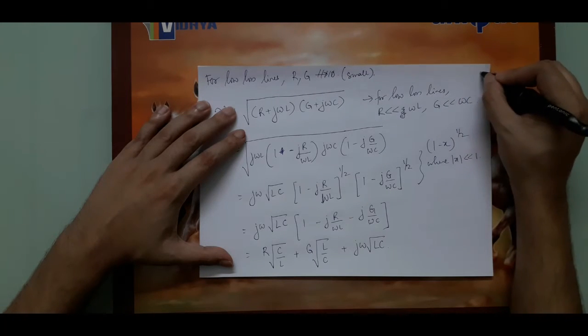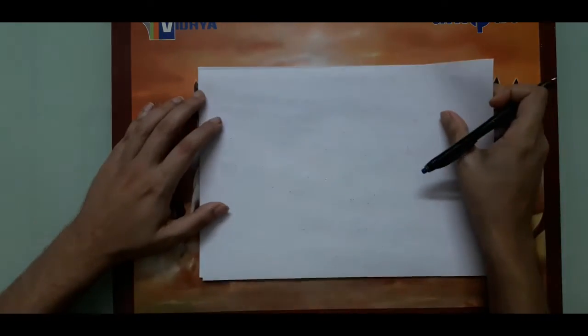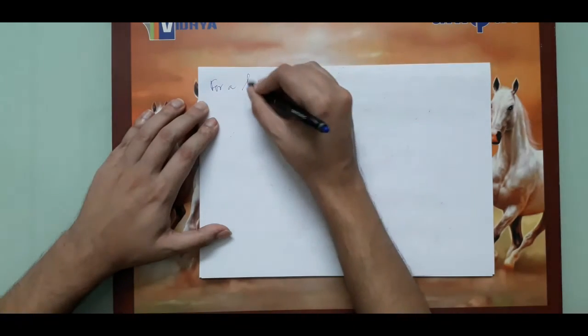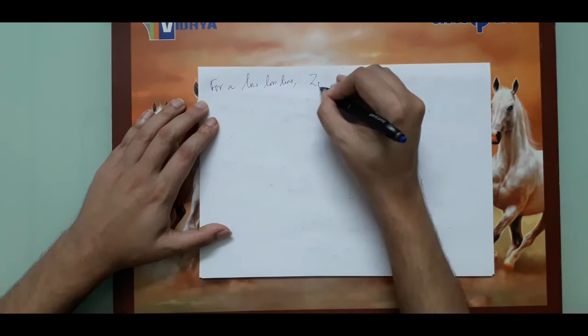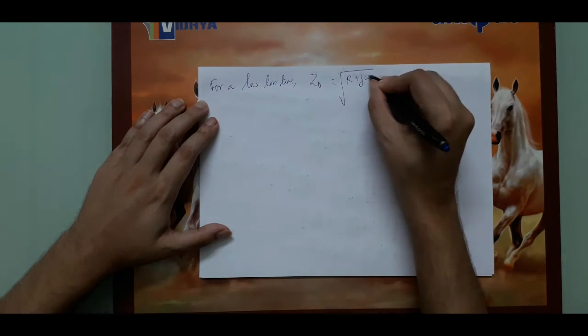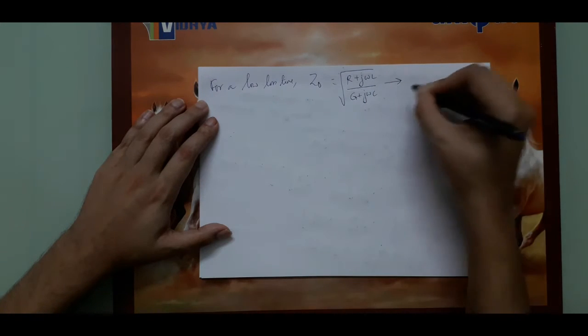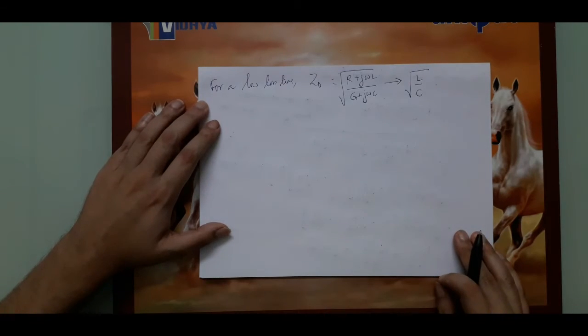Having said this, for a low loss line, what is Z0? This does not change so much.